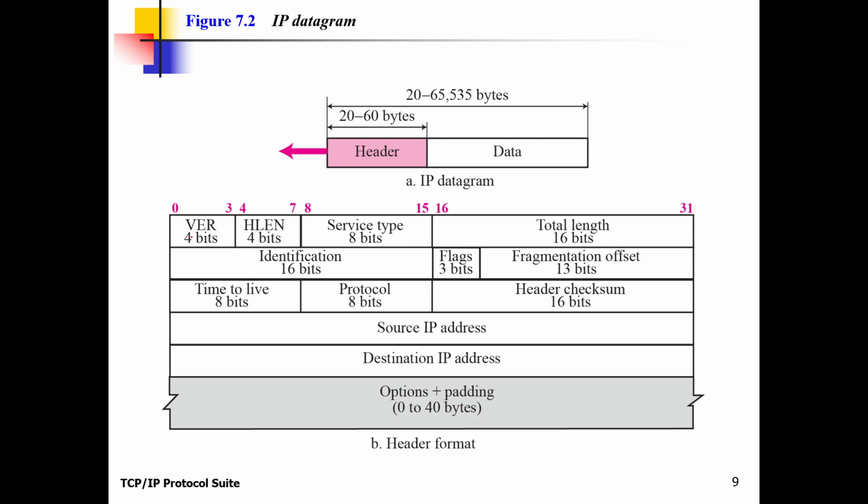You're going to tell me the version, the header length, the service type, and the total length, which I'll give you in 16 bits in here. You'll be able to read it, right? So now you have the map. You are able to read the header down to the bits.